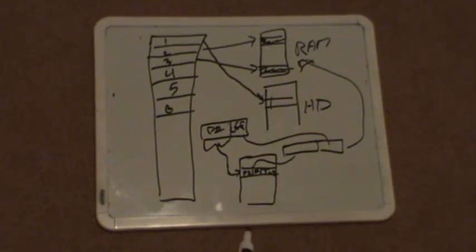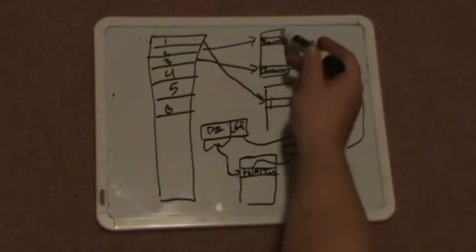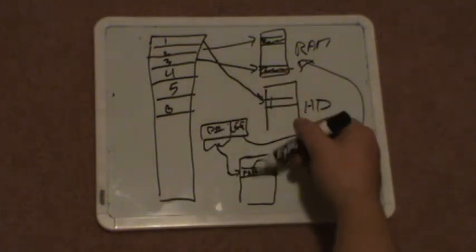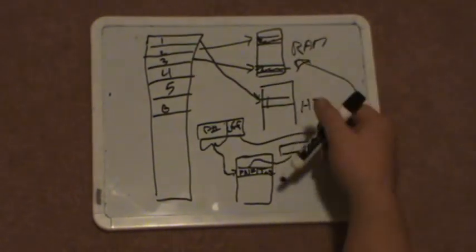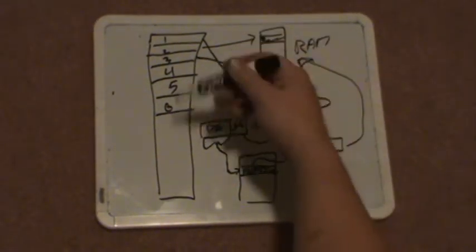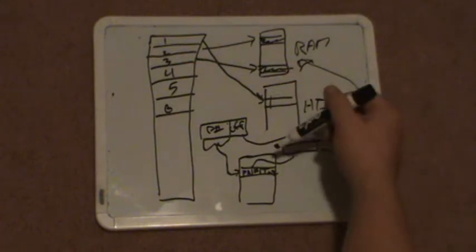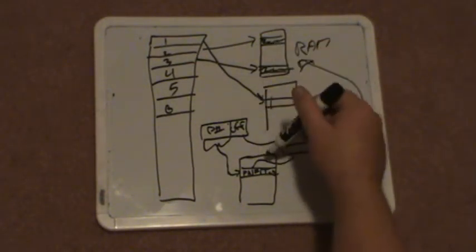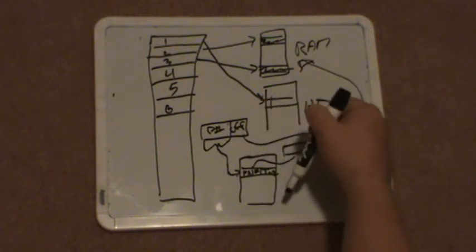So there is a portion of this page table that absolutely must be kept inside RAM. We often call that being pinned. Just like you would say you pin something to the start menu, so too we have to pin certain things in RAM. This has to be true for every single program, including the program that handles this. So that program has to make sure it always keeps the address to tell it where to find things.